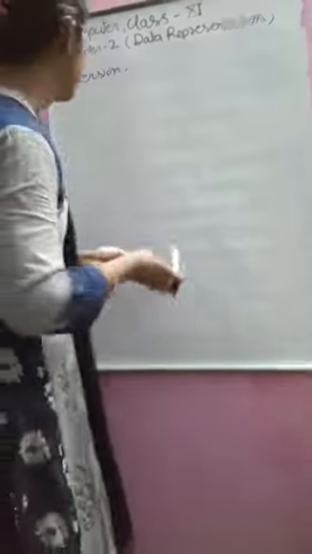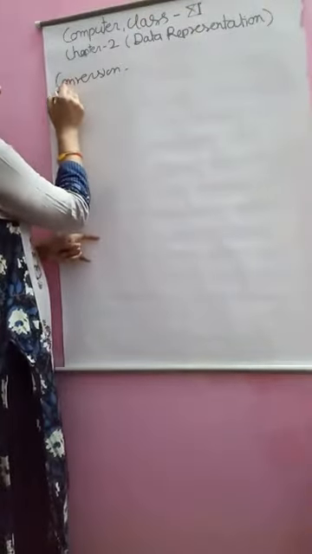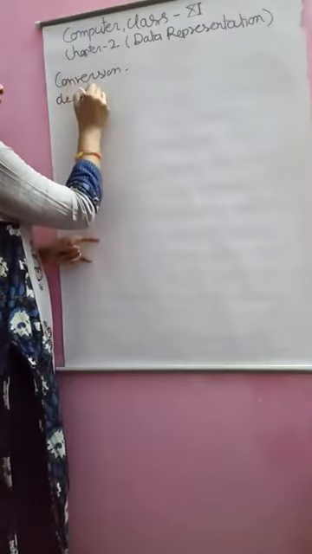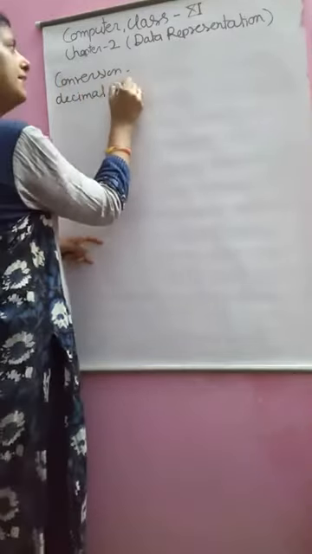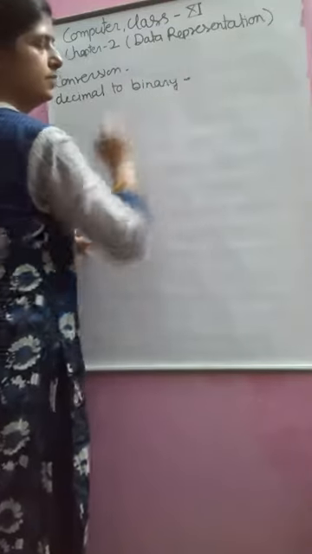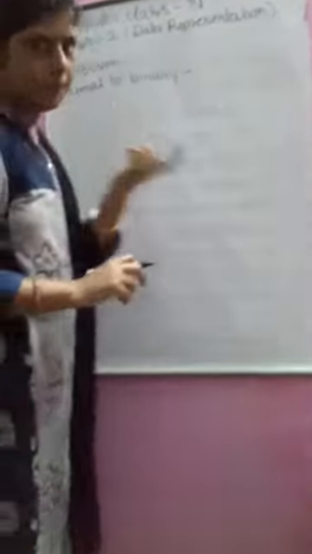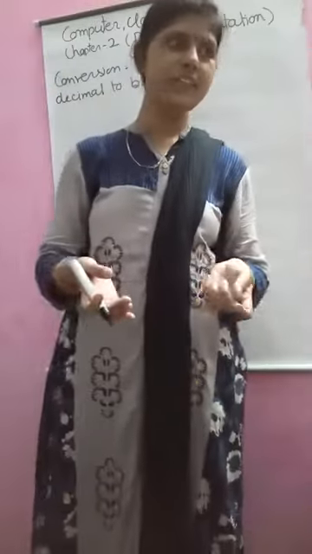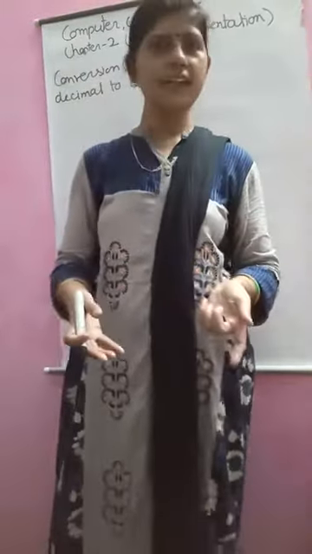Now start conversion. First, conversion from decimal number to binary. A decimal number, base 10, whatever we use in general, is the decimal number.